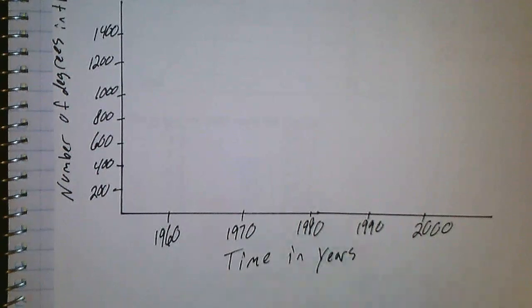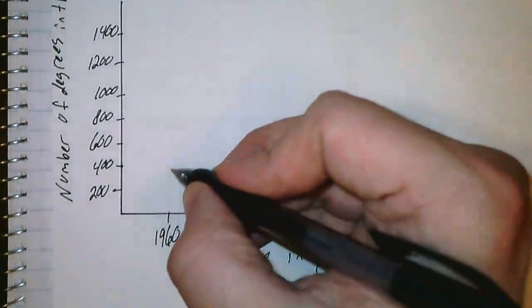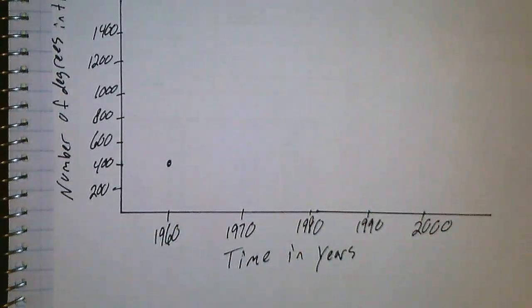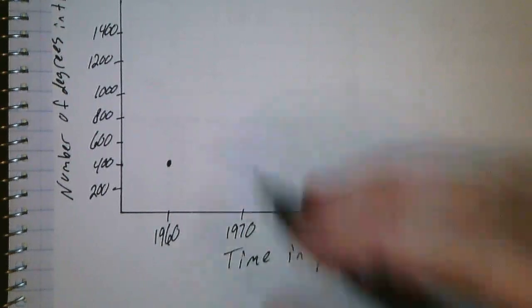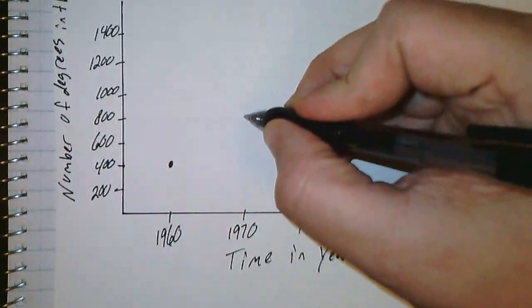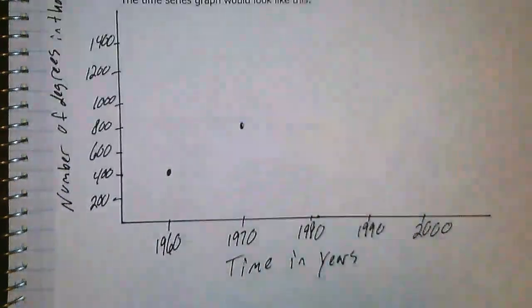And now we're basically going to take this table that's above us here and make points. In 1960, there were 400 degrees, 400,000 degrees issued. In 1970, there were 795, so I'm going to go right up to about 800 and put a dot.